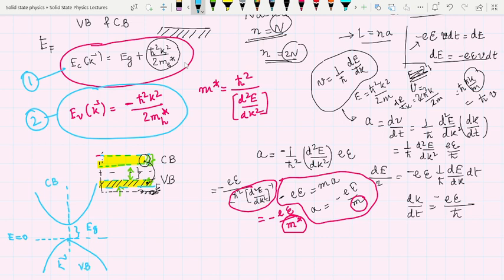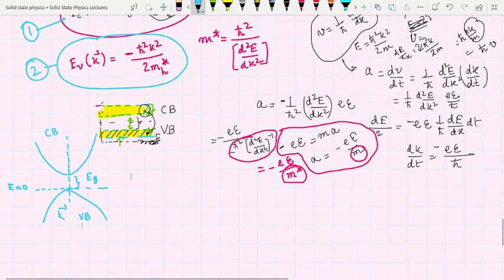Earlier we represented these like this, but the actual figure of the valence band and conduction band is like this. Now you can clearly understand why we have mathematically defined the valence band like this, because we are interested in the top of the band and the lowest point of the conduction band.